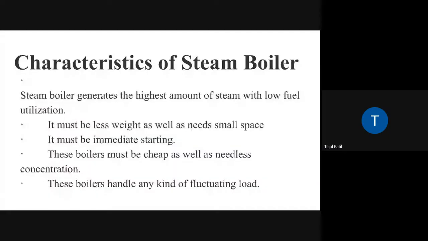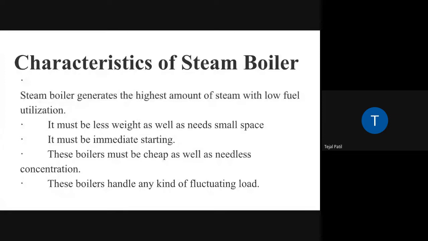Even if the fire starts, the circulation of the flue gases to the whole boiler will also take time. So that boiler should be designed in such a way that it should start in minimal time.